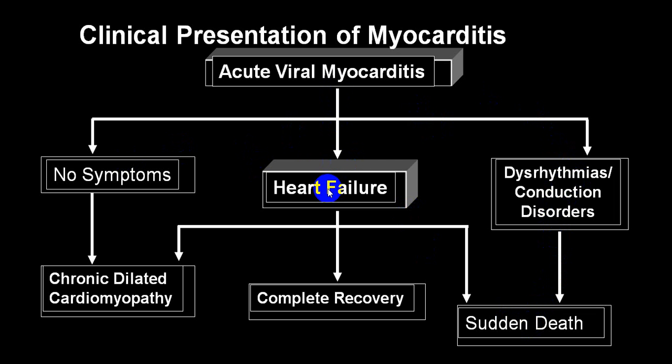The most common presentation is heart failure, which can be because of dilated cardiomyopathy in the chronic stage, or a person can have heart failure because of a severe inflammatory response by the myocardium, or heart failure can be precipitated by cardiac arrhythmias, which can be part and parcel of myocarditis. And in heart failure, a person can end into dilated cardiomyopathy or can have a complete recovery, and if it is a very fulminant variety, a person can have sudden cardiac death.